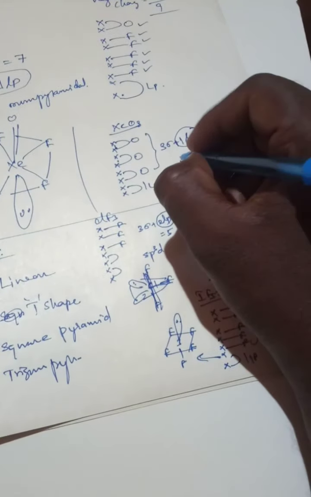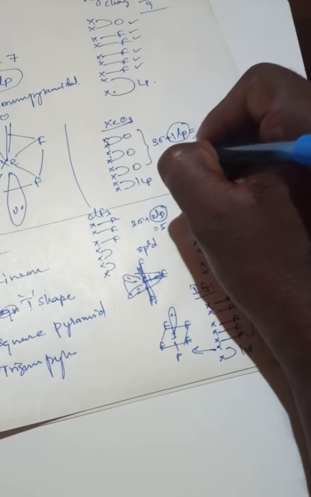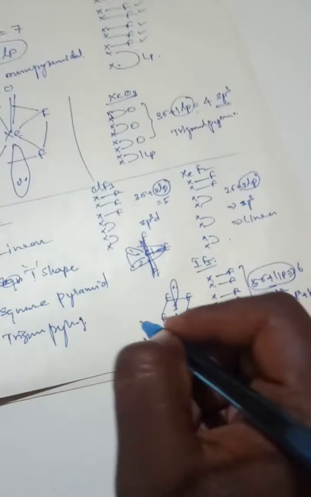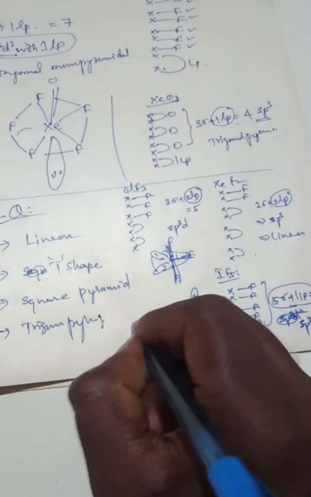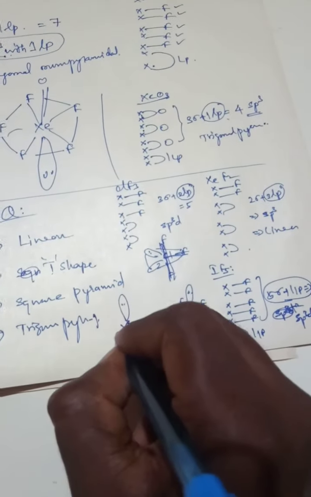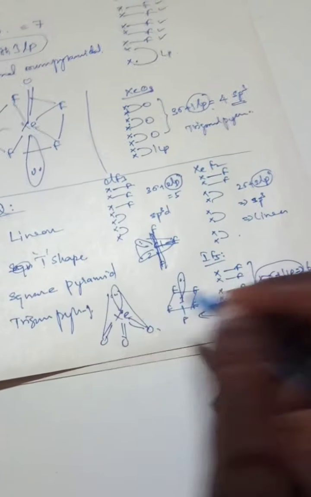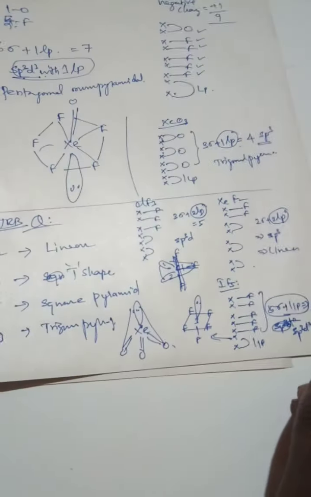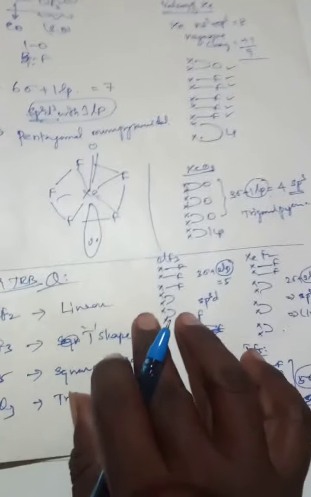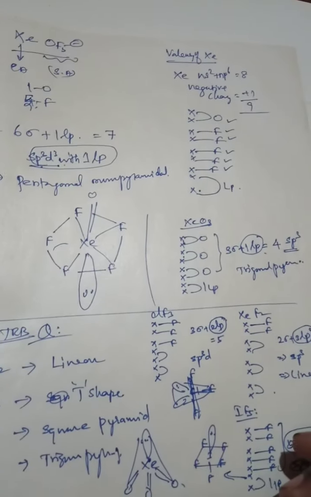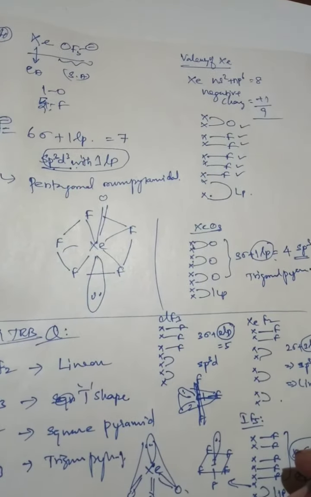The molecular structure is trigonal pyramidal. That's all. If you like this concept, share the videos with others, and these shortcut methods will be clearly understood.